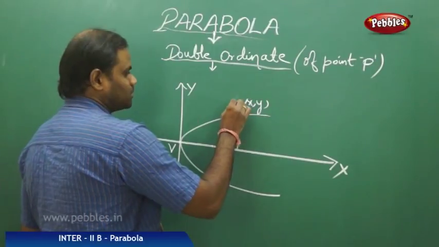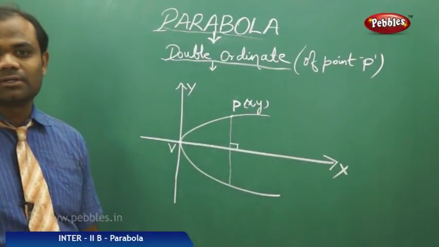So a chord which is perpendicular to the axis of the parabola is called the double ordinate.